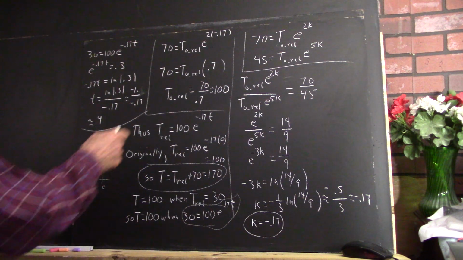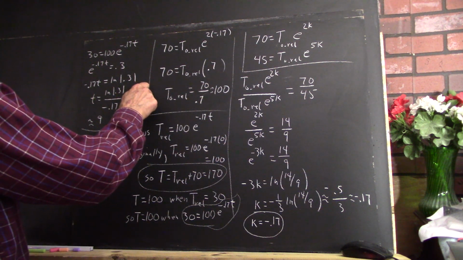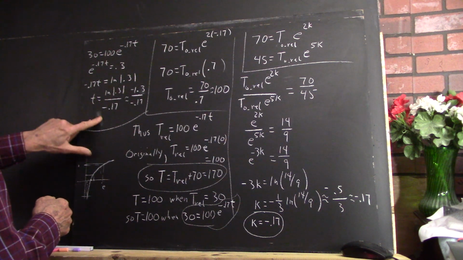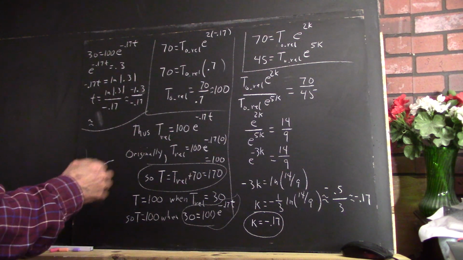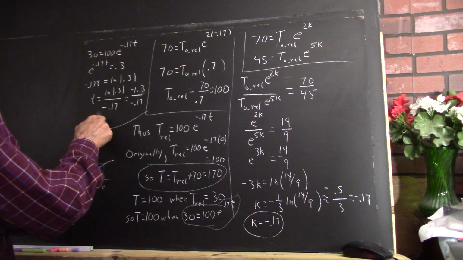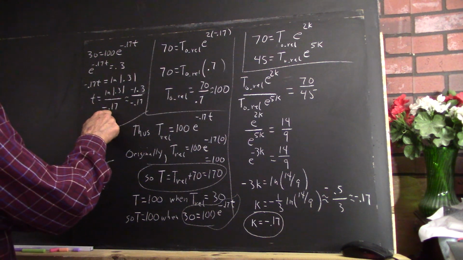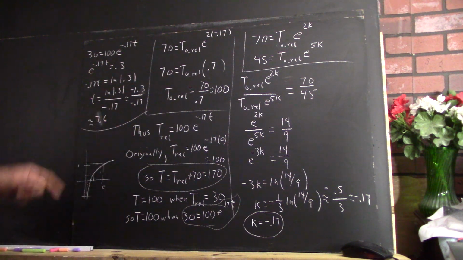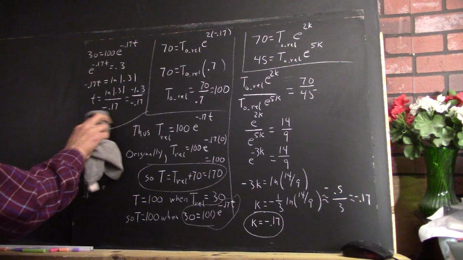So I'm just going to say maybe it's 1.3 over the 0.17, and that would be 7.6, and if that's even remotely accurate, I'll be shocked. But nevertheless, take your calculator.